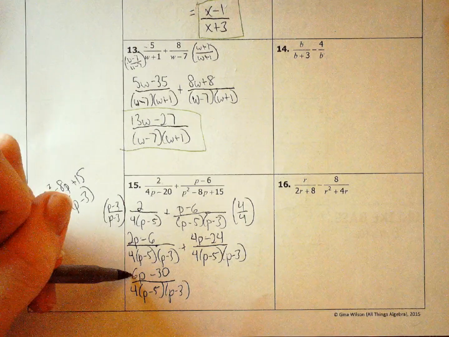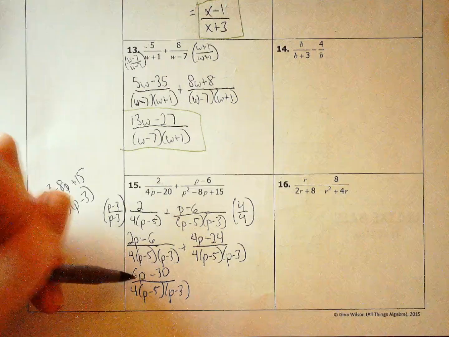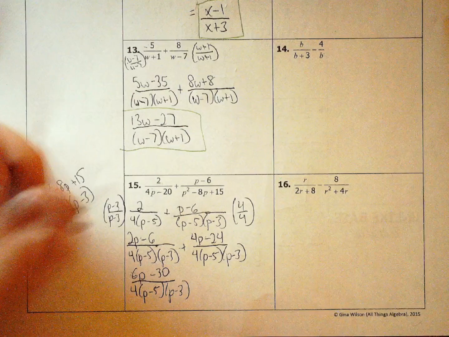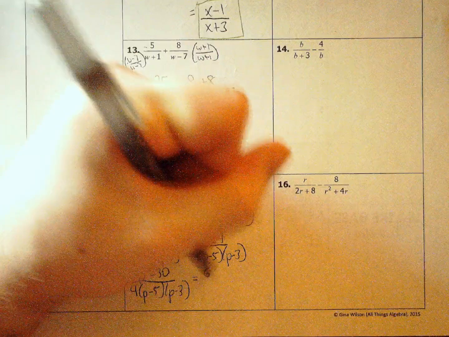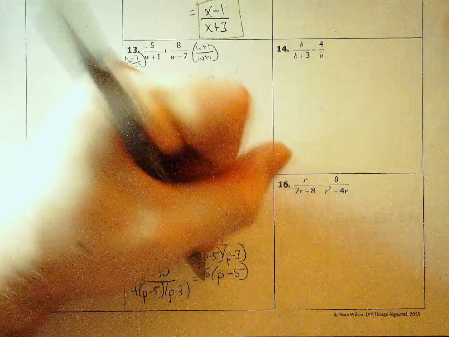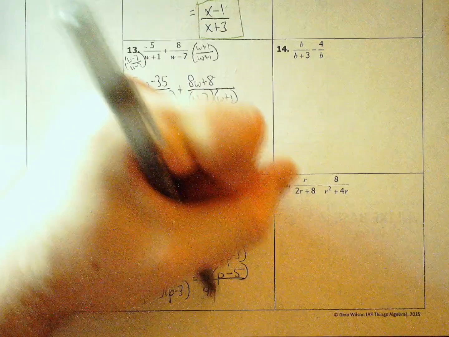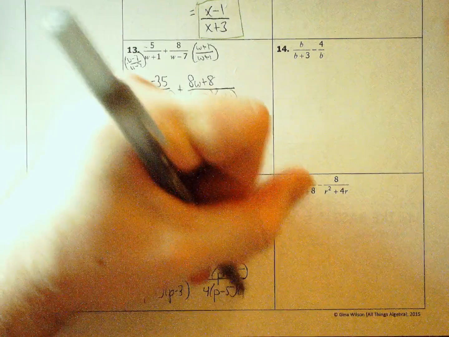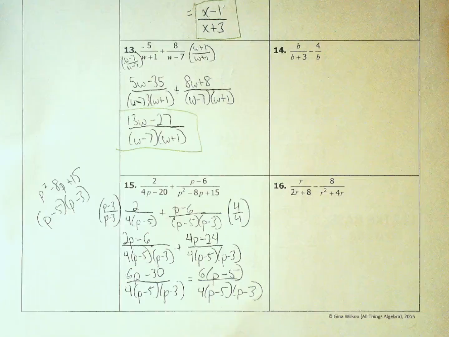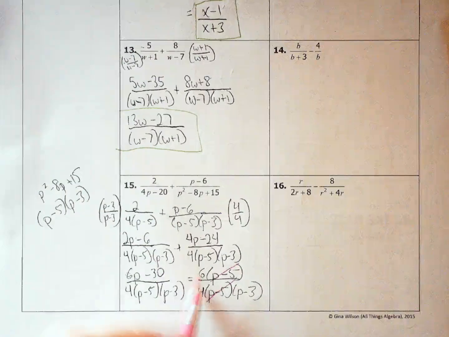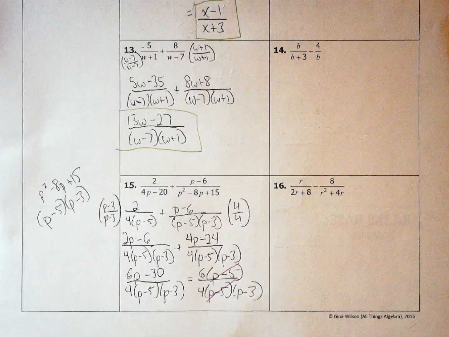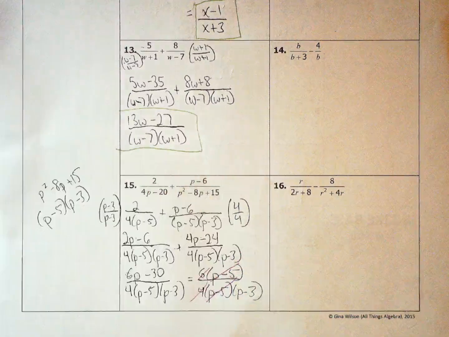And now again, 6p minus 30, what can I factor out here? I can factor out a 6. You factor out a 6, this becomes p minus 5. So I'm going to factor out a 6, and I have p minus 5 over 4 times p minus 5, p minus 3. And now what do I got? My p minus 5's cancel, that's nice. 6/4 reduces to 3/2.